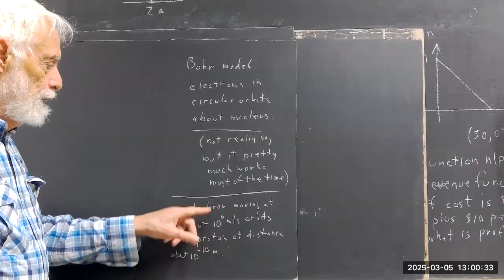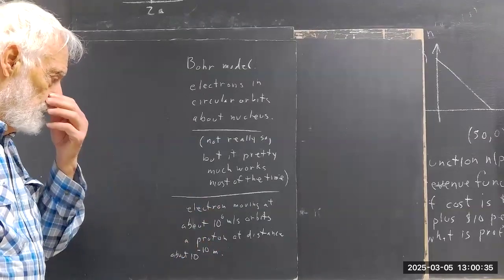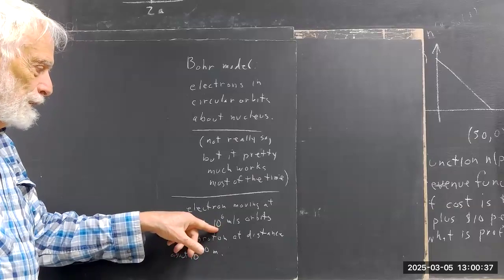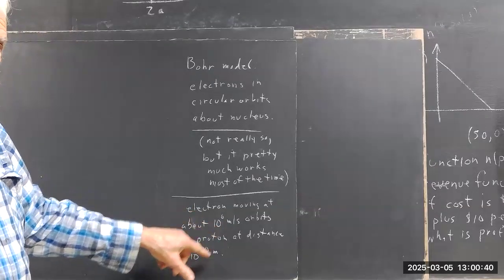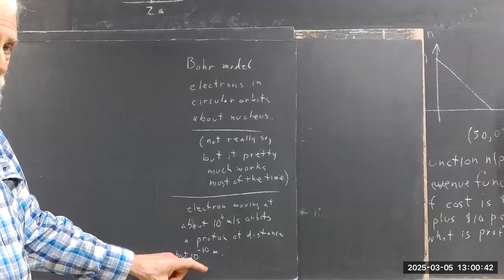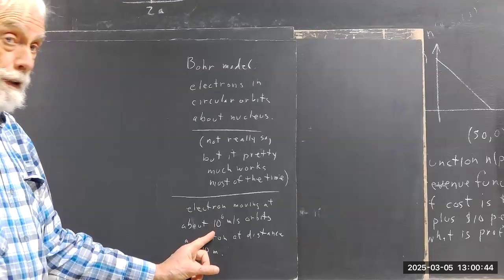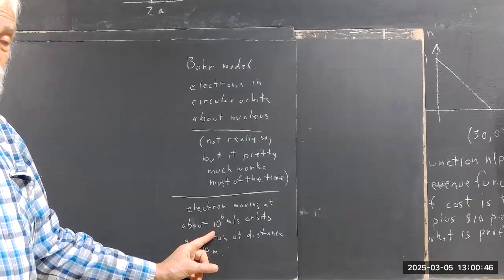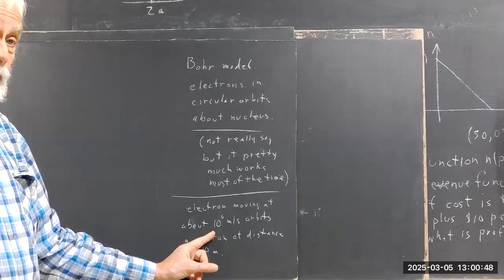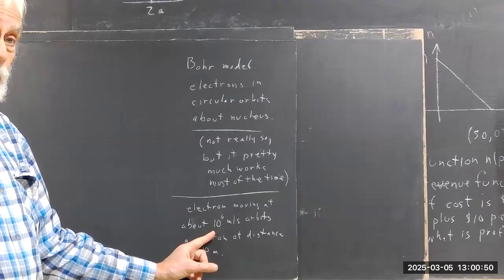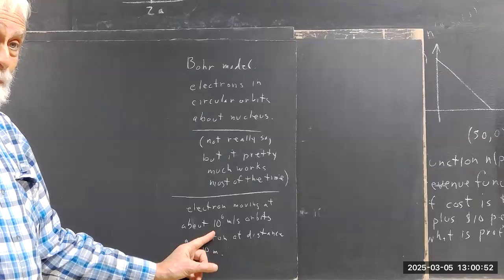Right now, we're just considering an electron orbiting a proton at approximate speed, and so forth. Now, you could figure out what the speed actually is. It's actually a fairly easy problem. You just set the centripetal force equal to the Coulomb attraction. Okay.